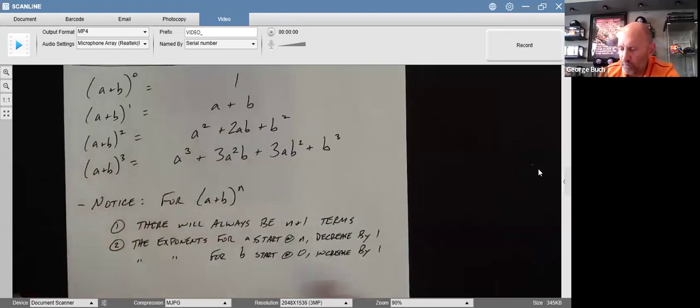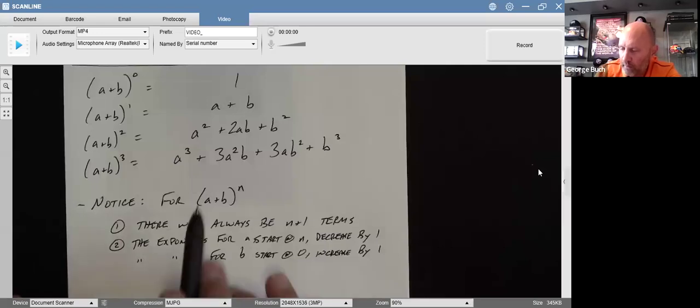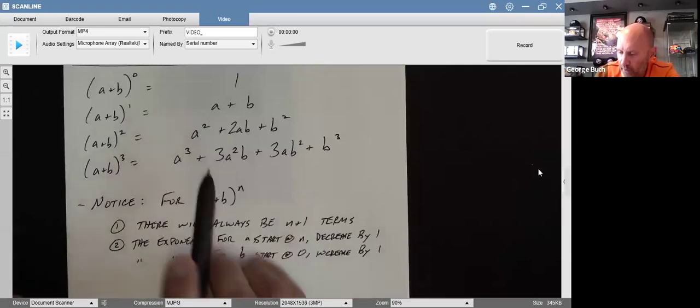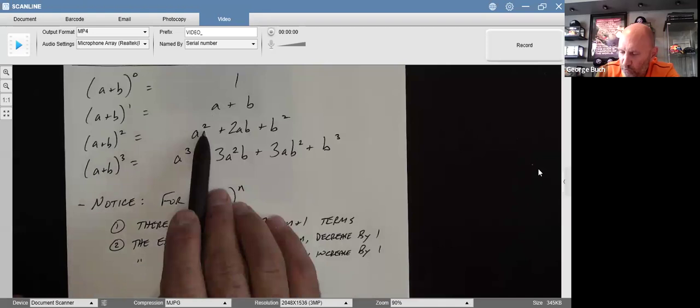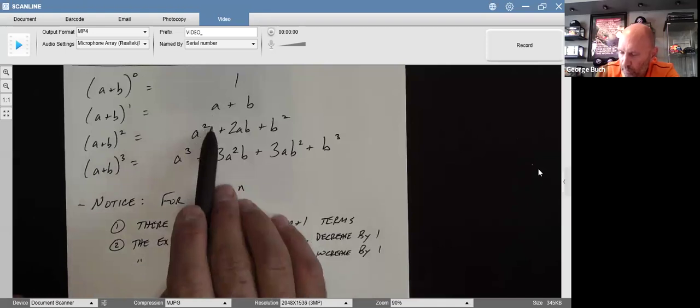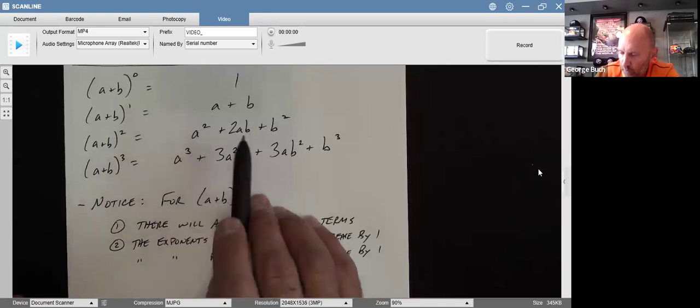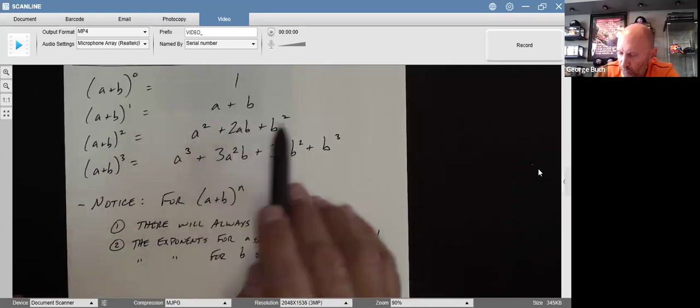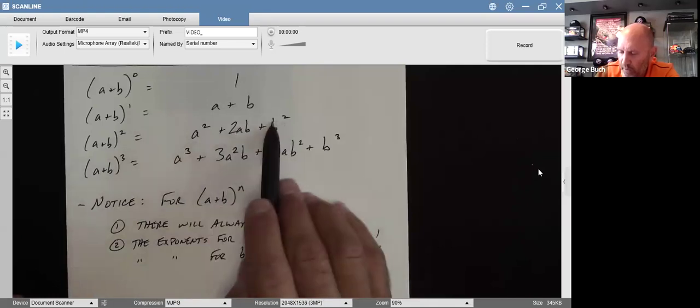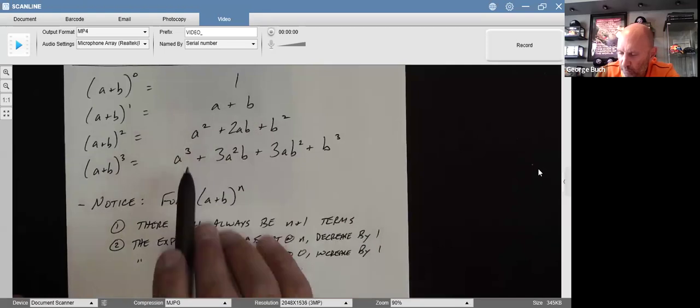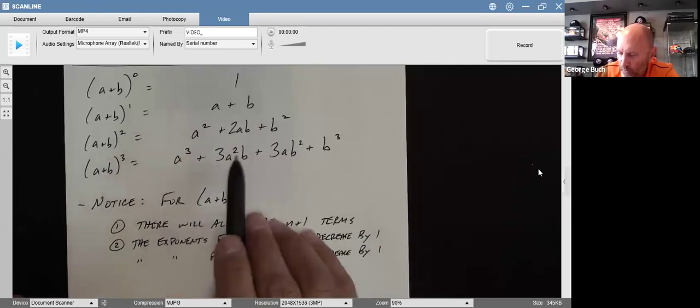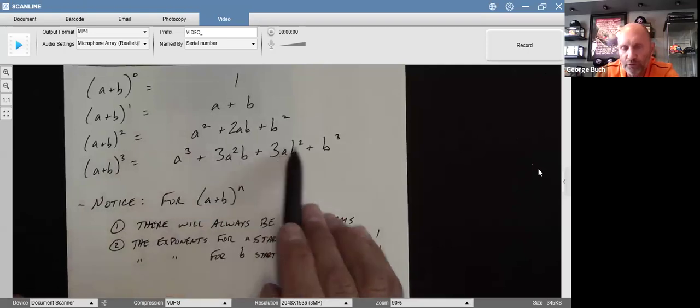And then lastly, the general thing we can notice. So let's see here. The sum of the exponents, 2 plus 0 is 2. 1 plus 1 is 2. 0 plus 2 is 2. How about for a plus b to the third? 3 plus 0 is 3. 2 plus 1 is 3. 1 plus 2 is 3. 3 plus 0 is 3.